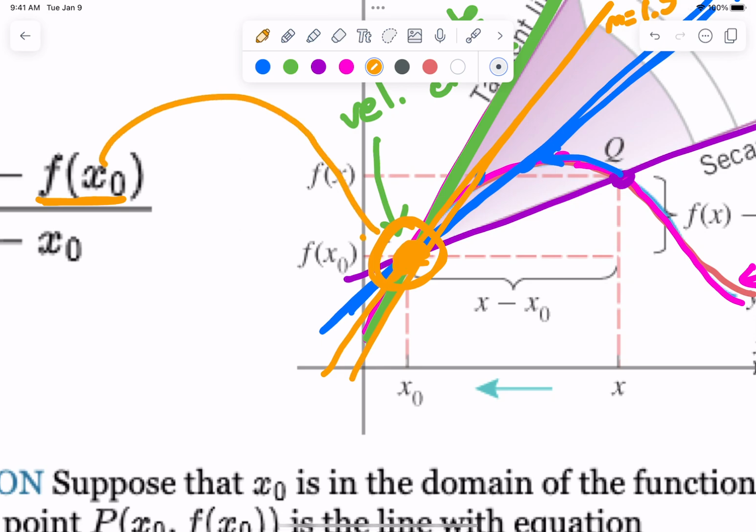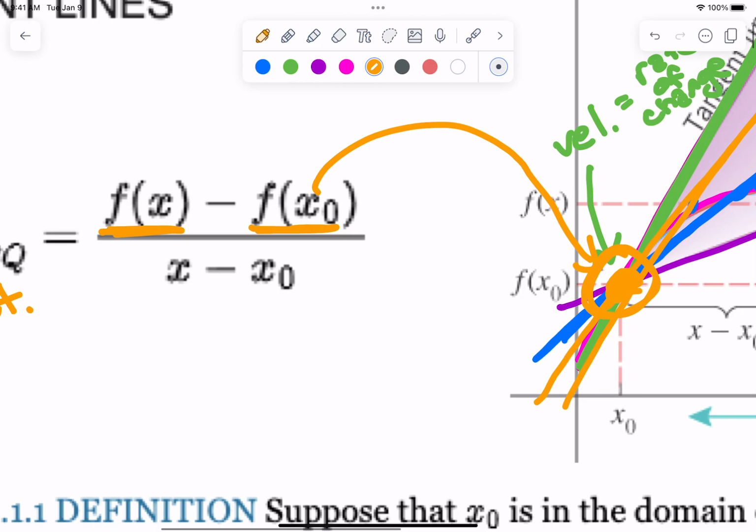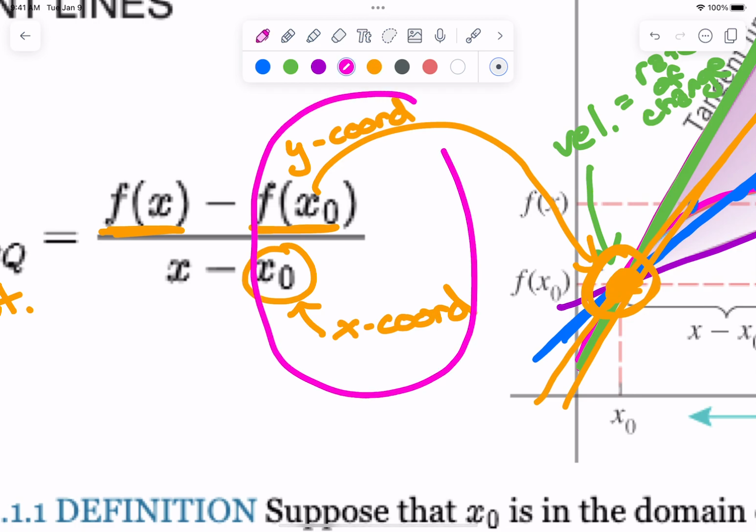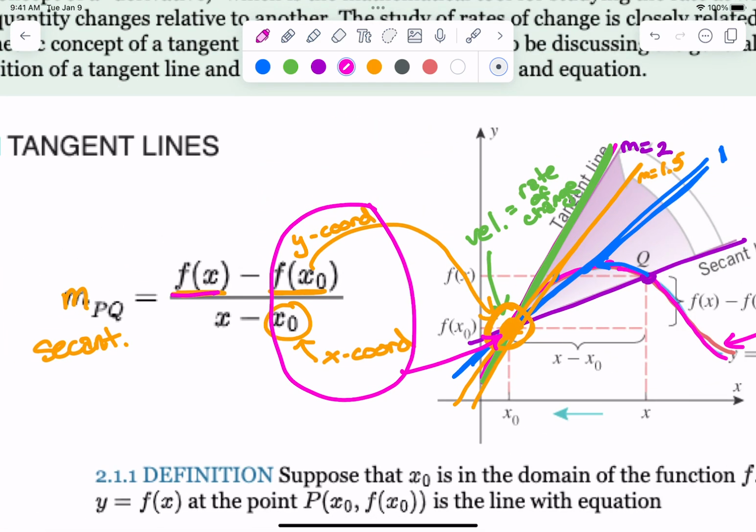X naught is the point for our tangent line, and f of x naught is like the y coordinate for our tangent line, x naught on the bottom, this is the x coordinate for our tangent line, okay? So these x and y coordinates right here, this is the place that we're looking at finding the slope at, okay? Okay, so we're looking at a slope, we're trying to find, and we're subtracting those, okay?